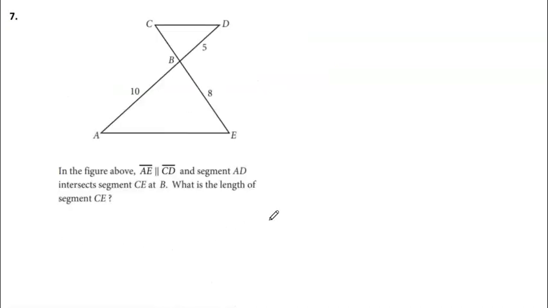Question number 7. So question number 7 is showing similar triangles, 2 similar triangles, right? With this kind of question, it's easy to see what's going on. First thing you have to know, and they gave it to you, it says CD is parallel to AE, right?